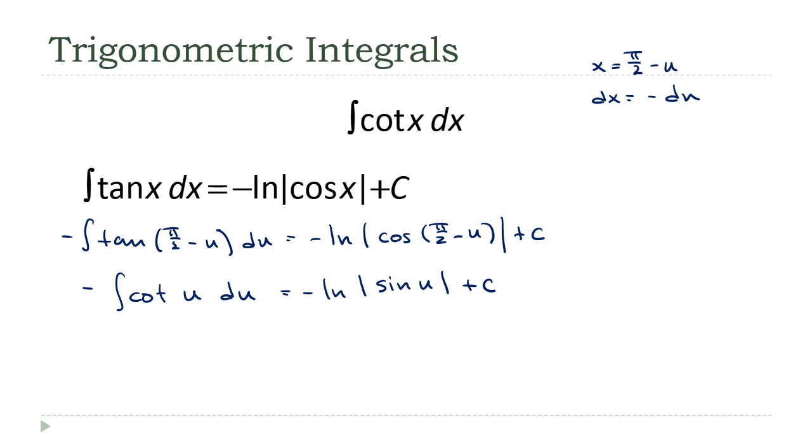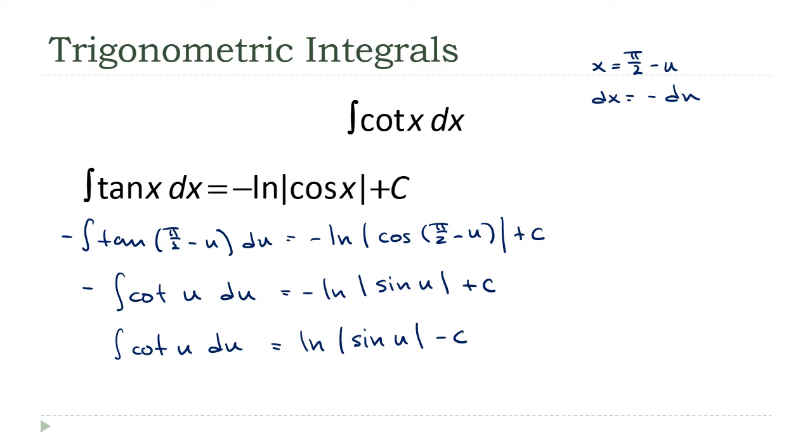And then multiply through by negative 1. And we get the integral of the cotangent of u du is equal to the positive logarithm of the absolute value of the sine of u plus a constant. And that's what we wanted. I know we originally did it in terms of x and not u, but the variable that we use doesn't matter.